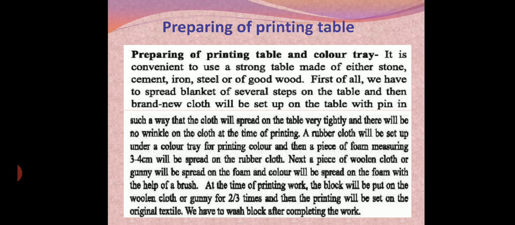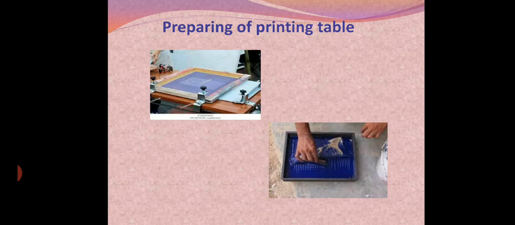At the time of printing work, the block will be put on the woolen cloth or gunny 2 or 3 times, and then the printing will be set on the original textile. We have to wash the block after completing the work. We can see the printing table and coloring tray on the screen.